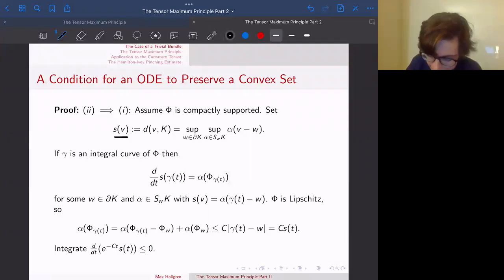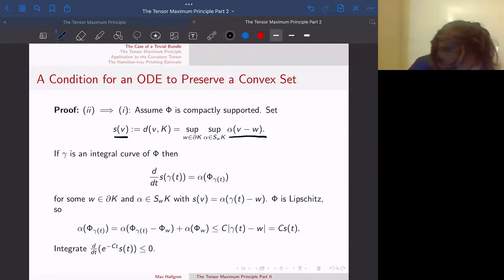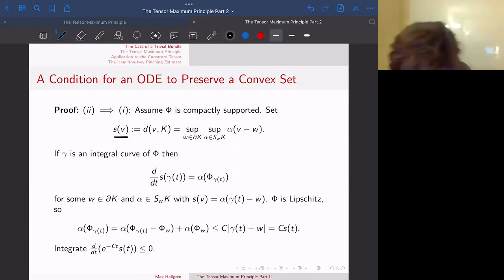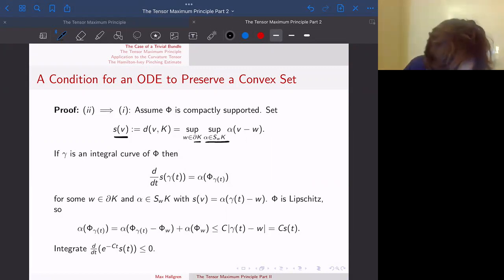And it's a fact that this is equal to the supremum of this quantity, alpha of V minus W. I'm going to draw a picture for what this means in just a sec. But here we're taking the supremum over all points in the boundary and over all support functions at that point. So an example of this would be, let's say here's a circle, kind of.